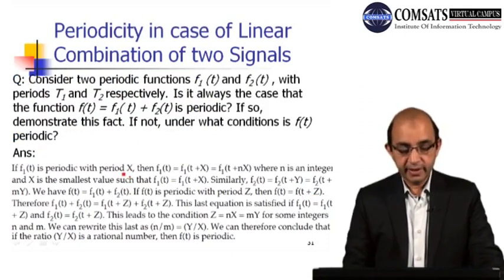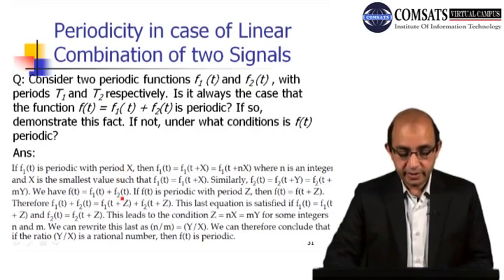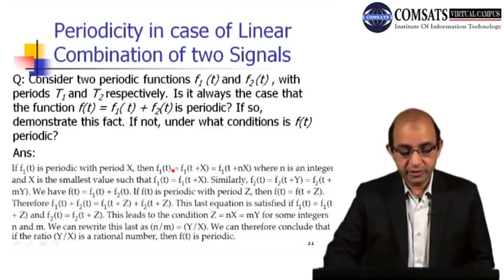So here is the solution, but we have theoretical justification. Let's assume that the period of f1(t) is x, so we can write f1(t) is equal to f1(t + nx), where n is an integer and x is the smallest value such that f1(t) is equal to f1(t + x).